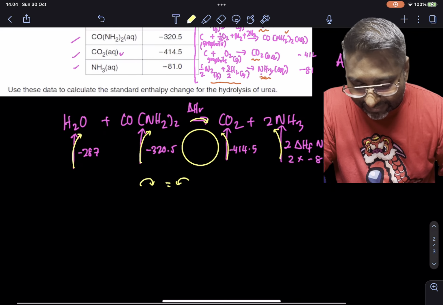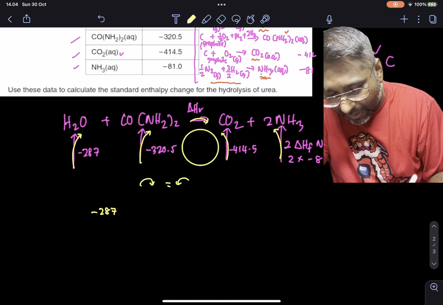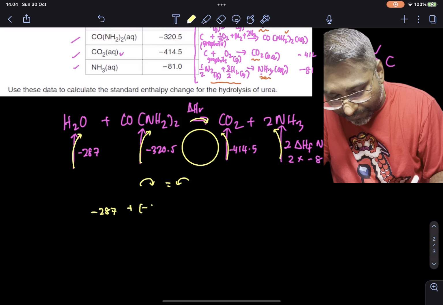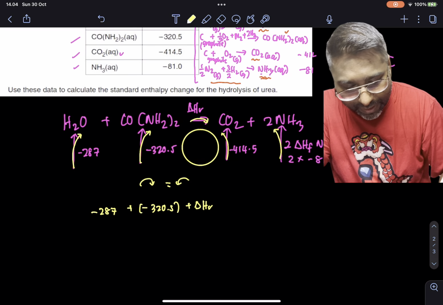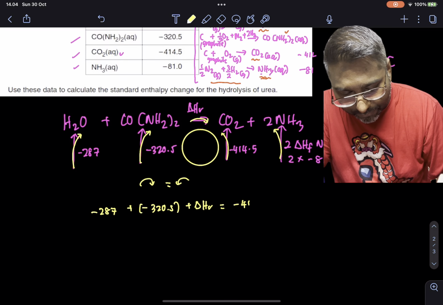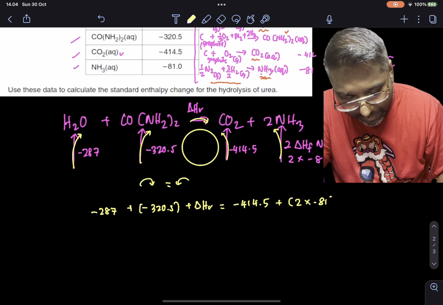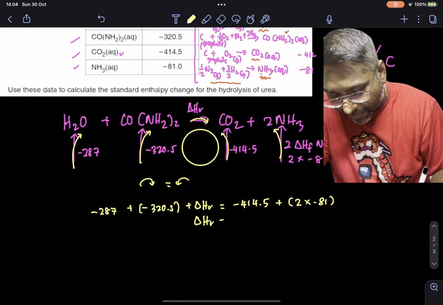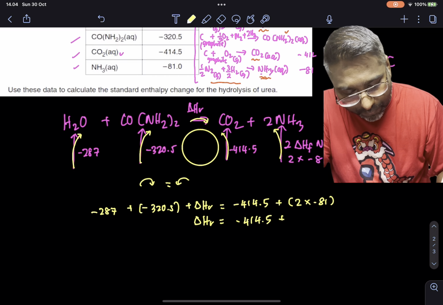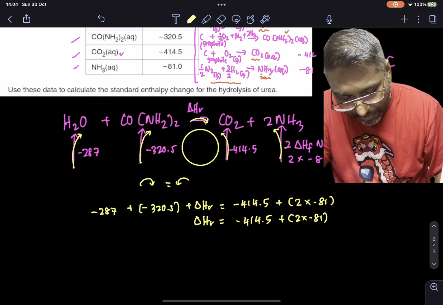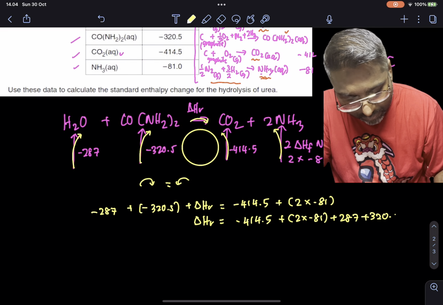So in this case, you can see we just need to put negative 287, plus negative 320.5, plus enthalpy change of reaction, equals negative 414.5, plus 2 times negative 81. If you want to find the enthalpy change of reaction, I'm going to rewrite this again: plus 2 times negative 81, plus 287, plus 320.5.